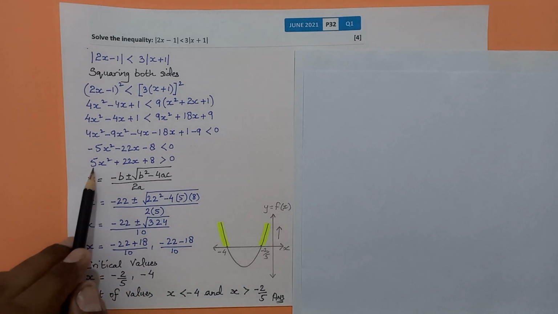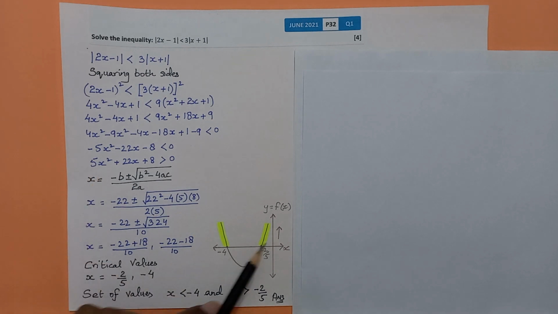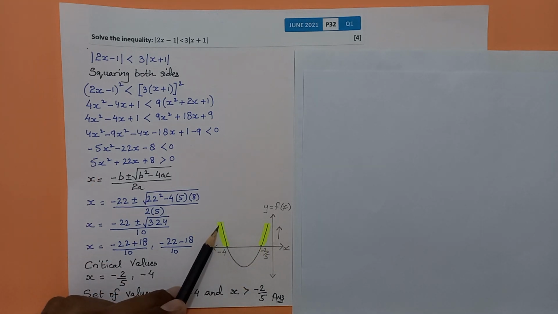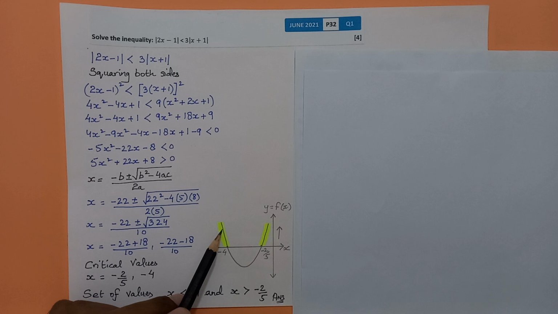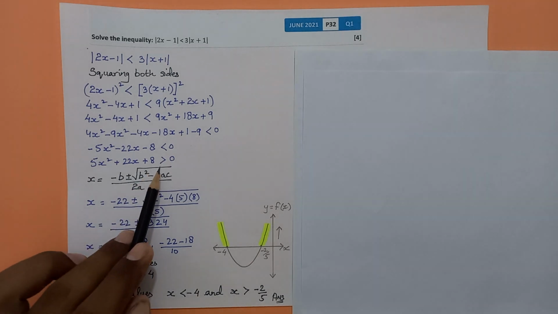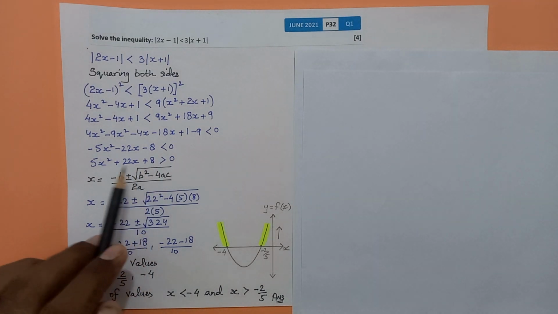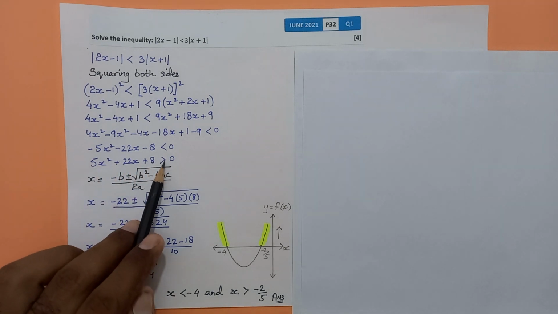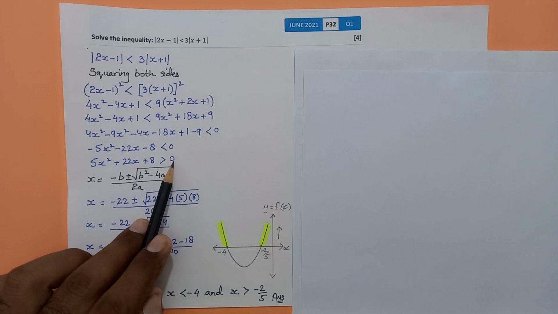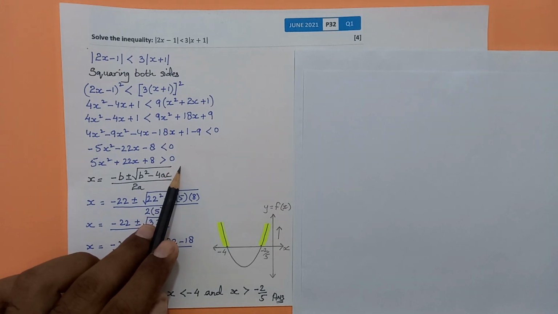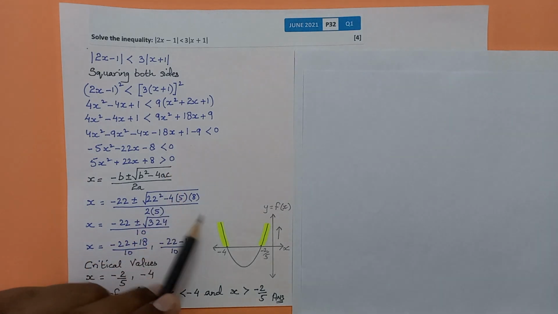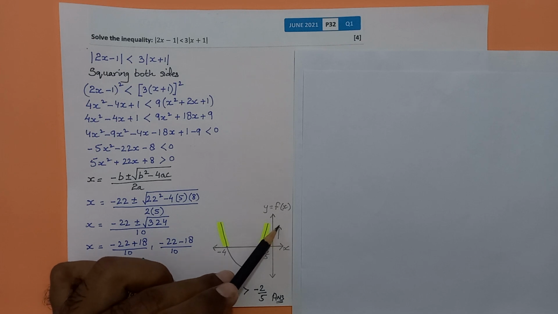The coefficient of x square was positive. Positive 5 means the graph would be U-shaped. The inequality says this quadratic expression is greater than 0, so it would be positive, that means a positive value of y.